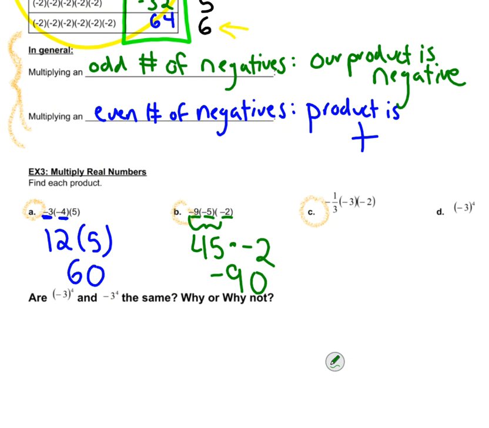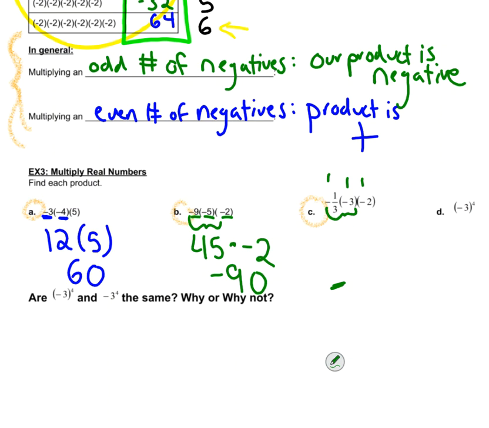Okay, part C. Ooh, I love this one. Let's see, we've got three negative numbers being multiplied together. Already looking at it, I see one negative, a second negative, a third negative. I know that our final answer is going to be negative because we've got an odd number of negatives. Going left to right, negative 1/3 times negative 3.